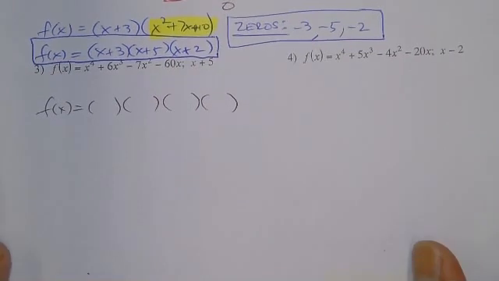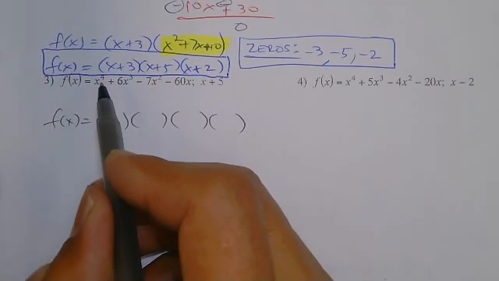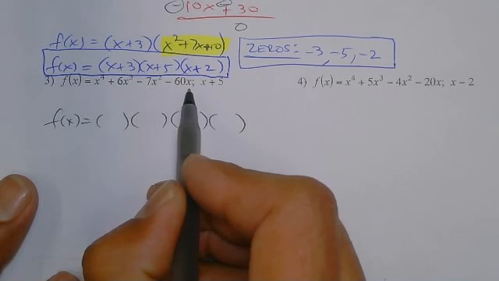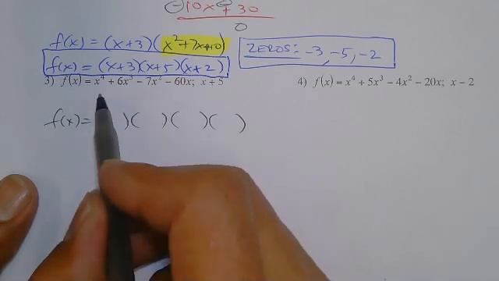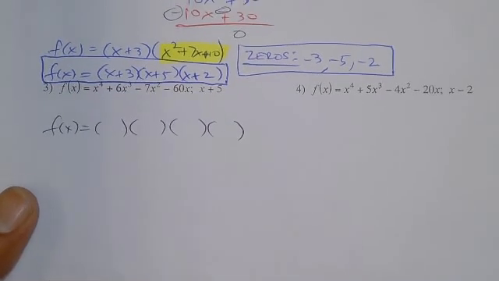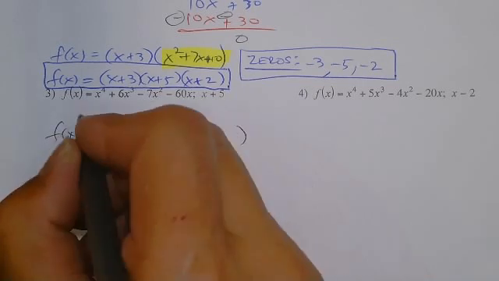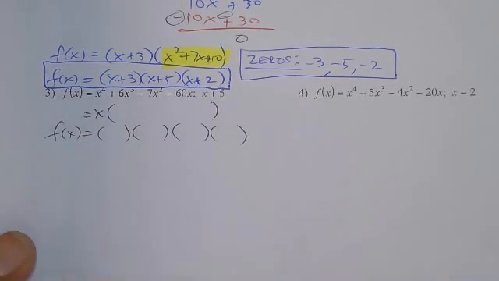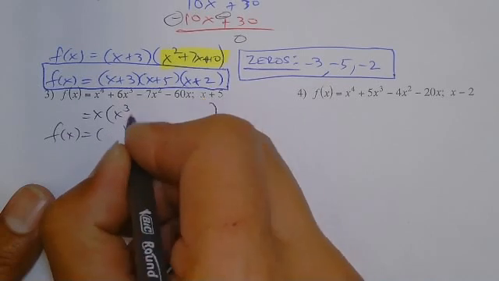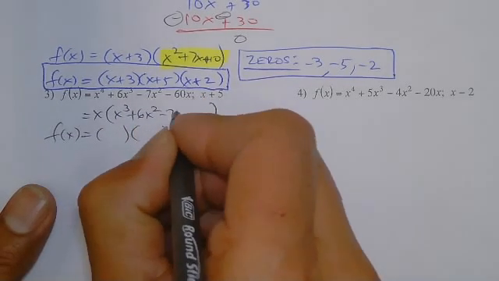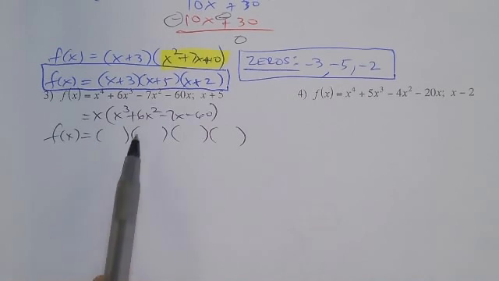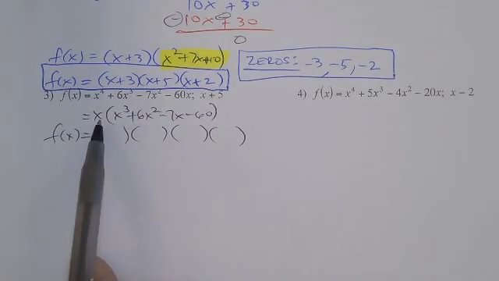Okay. So now looking at number 3 here on the worksheet. Yeah, it's to the power of 4, but if you really pay attention, is there a GCF here? They all have an x, right? So it's really going to be x times x cubed plus 6x squared minus 7x minus 60.